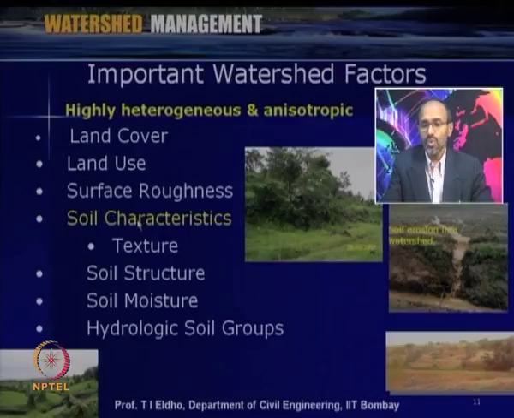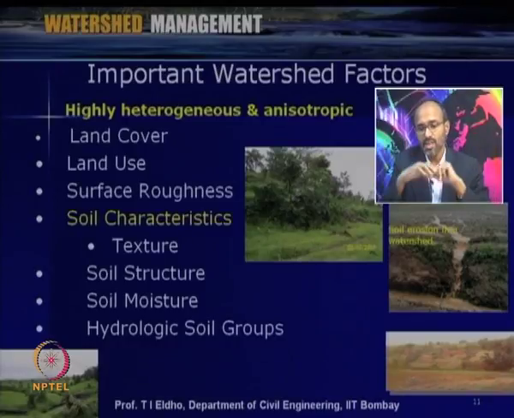As far as soil is concerned, some of the important soil characteristics are the texture of the soil, the soil structure, and, as far as runoff is concerned, the soil moisture. Especially when we go for various modeling, we can classify the various soil types within the watershed into various groups.